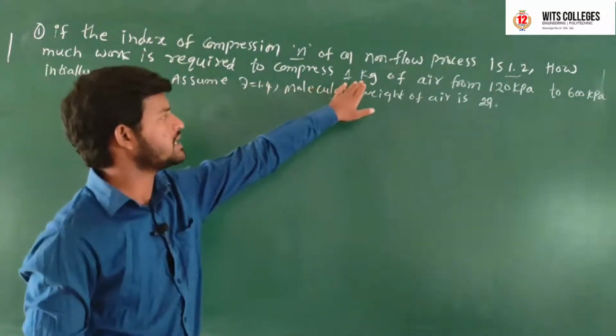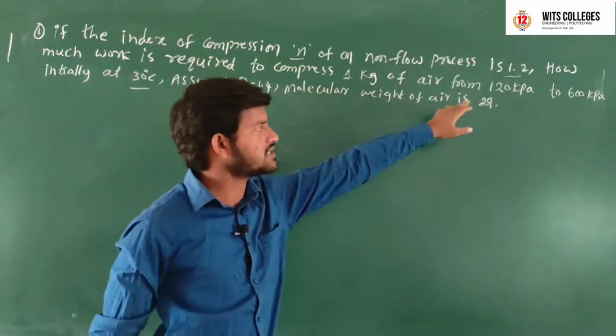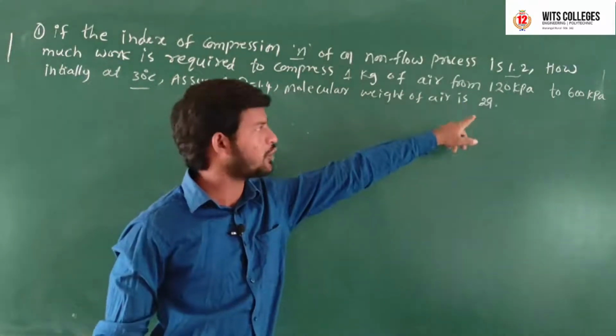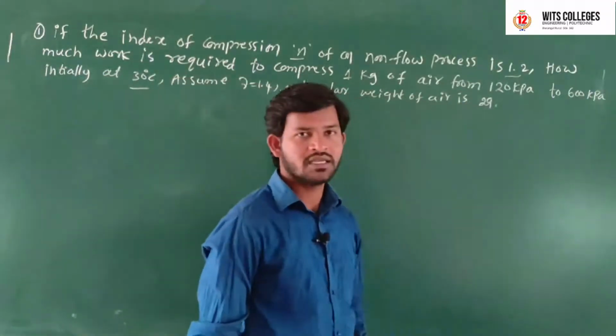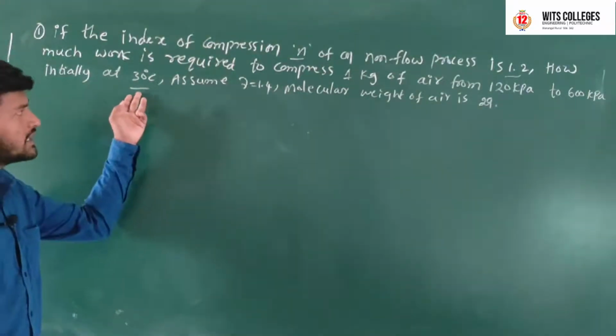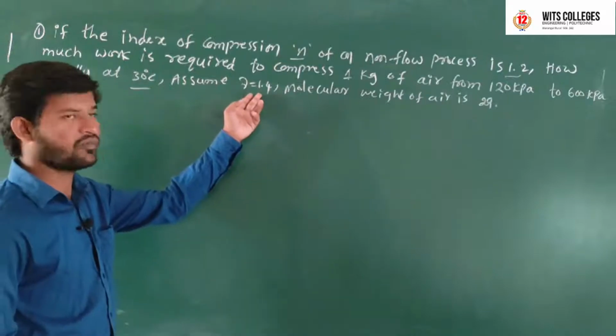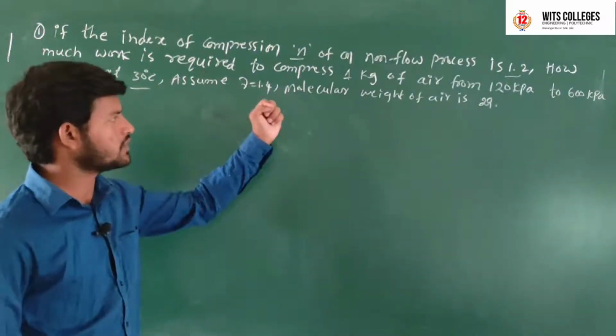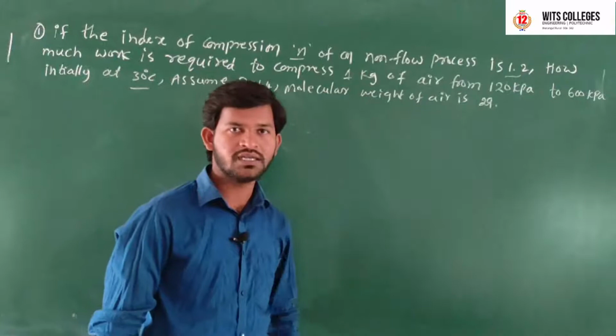Mass of air is 1 kg, initial pressure P1 is 120 kilopascal, final pressure is 600 kilopascal, initial temperature is 30 degrees centigrade, and assumptions are gamma equals 1.4 and molecular weight of air is 29.